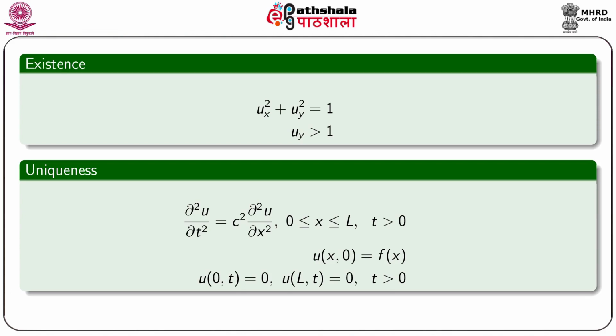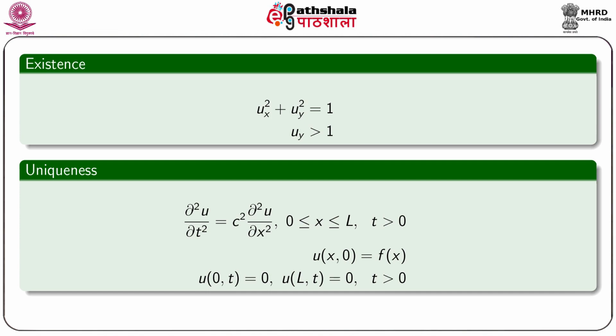Let us first consider the example u_x square plus u_y square equals 1. This is the given differential equation, and we have to solve this equation using the auxiliary condition u_y is greater than 1. Now, the imposition of too many boundary conditions or auxiliary conditions, or conditions which do not satisfy the given equation, may lead to no solution of that problem.